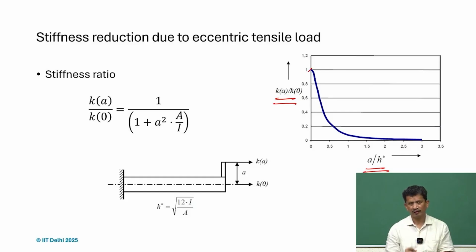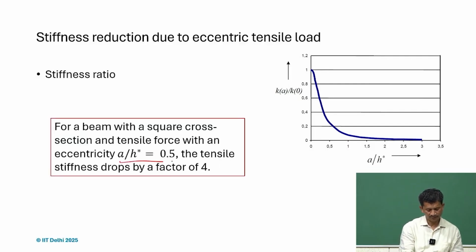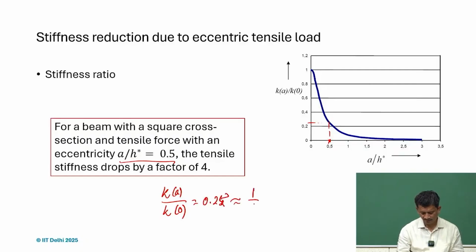So if the force is applied at a point which is above the center line, there will be a huge decline. And what we find is that even just at the top, if we are applying the force, so 0.5, the stiffness ratio, Ka divided by K naught, is 0.25, roughly 1 by 4.